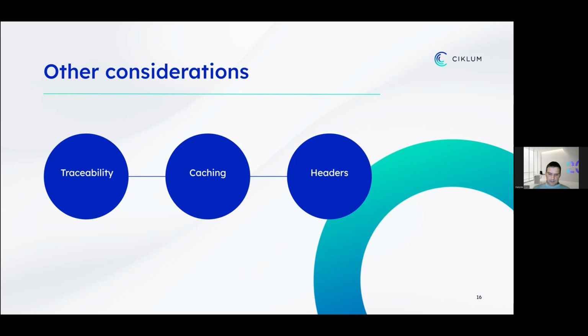Yeah, another hot topic and hot question: caching. What we are caching, what we are not caching, what kind of caching do we use, how we invalidate, how long it should be cached on the user level, on the browser level, how long it should be cached on the Akamai level, and other stuff.